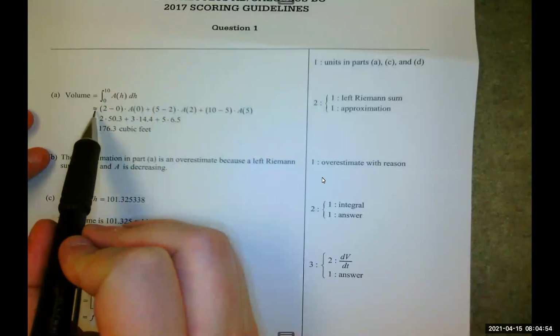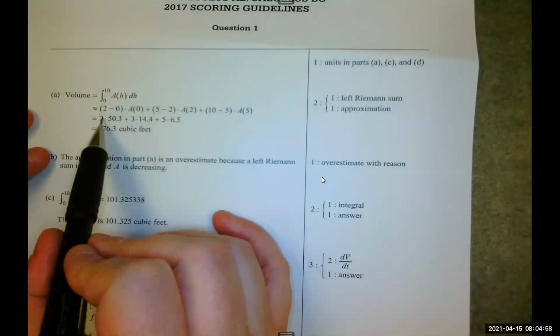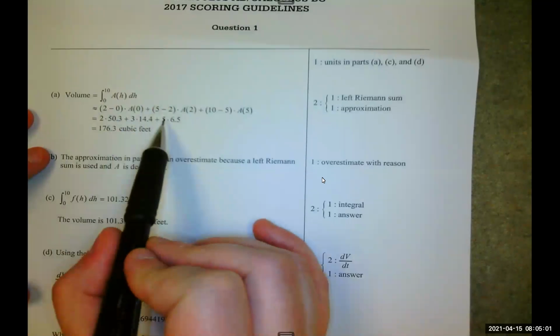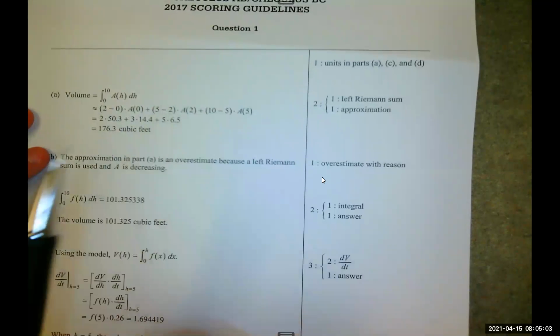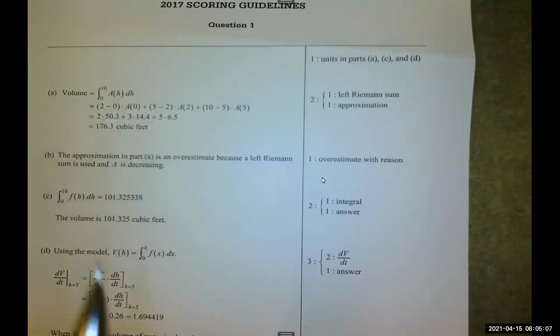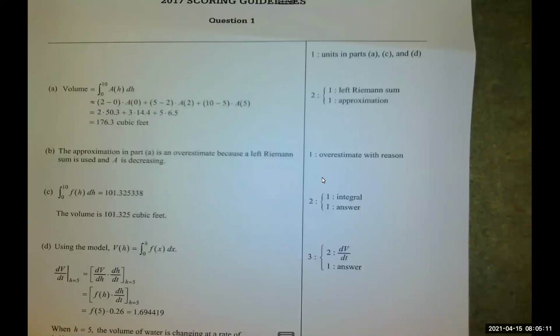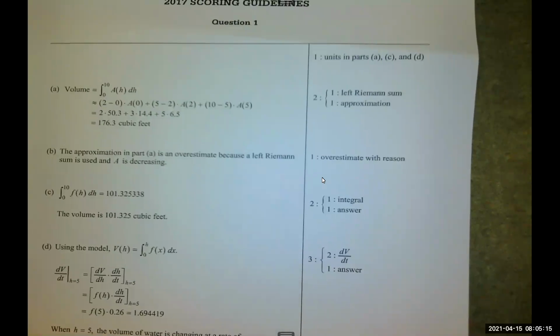Make sure you have the approximation in there. If you don't, that's no points. And you don't have to show both of these. Either of these is fine to show your left Riemann sum approximation. And then the value for part B, overestimate, because we use a left Riemann sum on a decreasing function. Altogether, that's 1 point. Part C is 2 points.